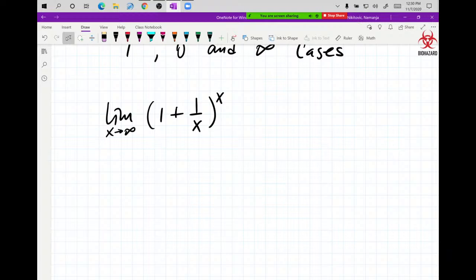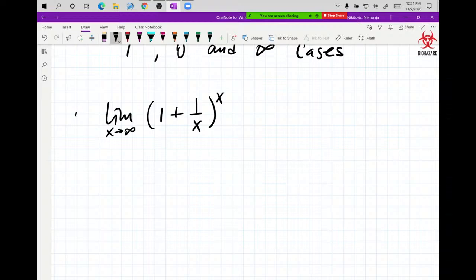And if you don't know this limit, then you are going to have a lot of trouble in Calc 2. So make sure you know this limit very, very well. All right, so what are we going to do now with this limit?